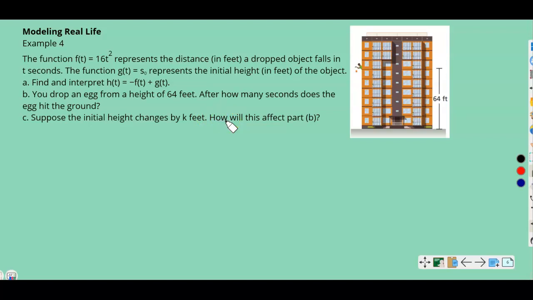All right, so let's just look at one part at a time. Part A says find and interpret h of t equals negative f of t plus g of t. So all we have to do is plug in what we are given.